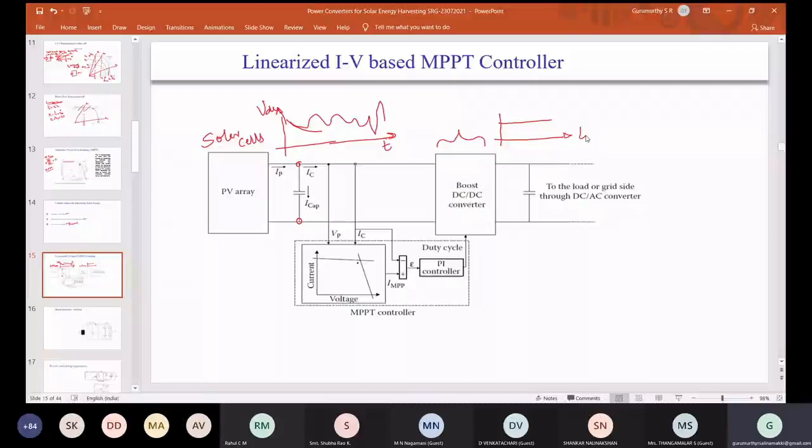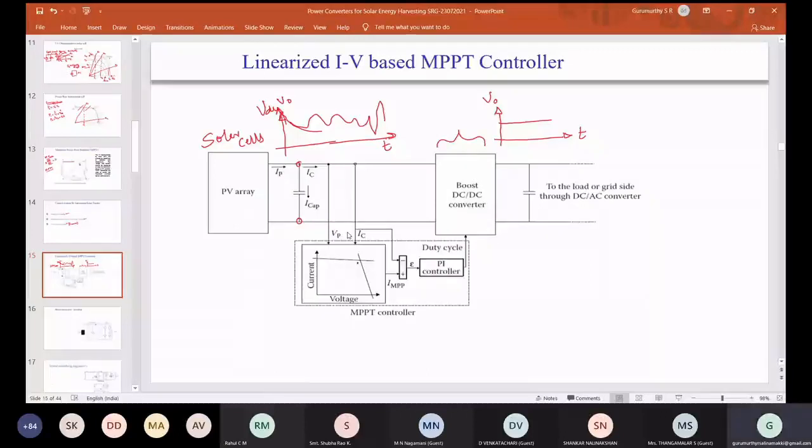So we are converting this variable DC to fixed DC with the boost converter. That is one task. The second one is the MPPT, maximum power point tracking. It will adjust the voltage such that the power extracted is maximum.